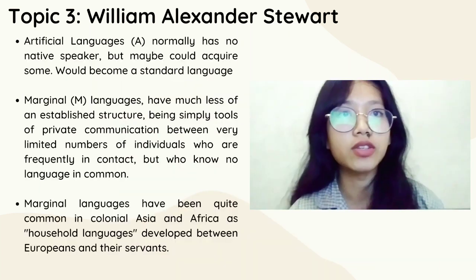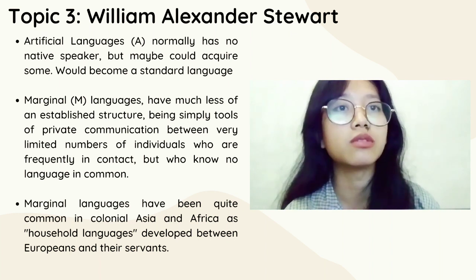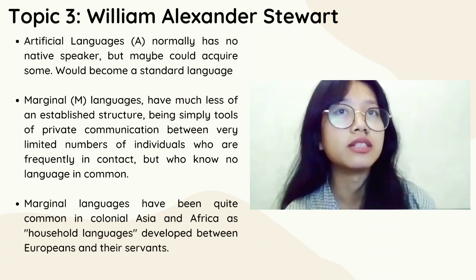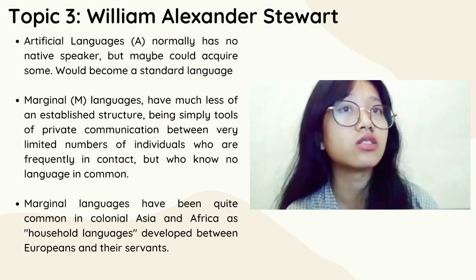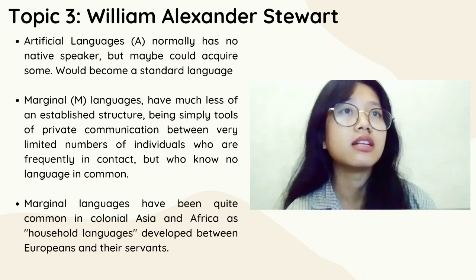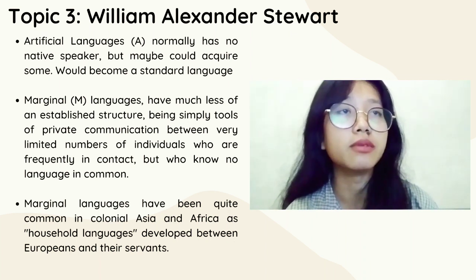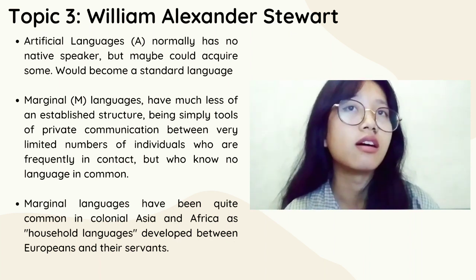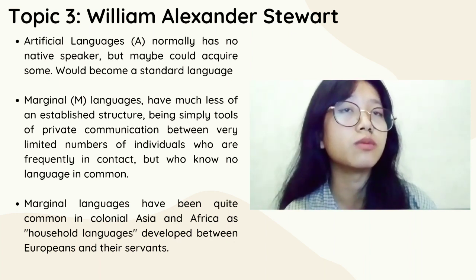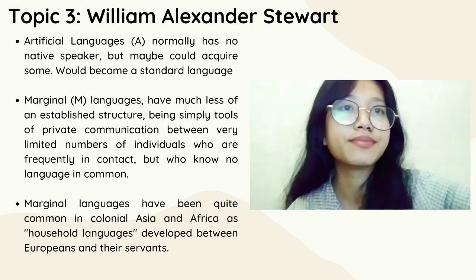Okay, the next language type is artificial, symbolized with A. Normally an artificial language has no native speakers, but it is not inconceivable that one could acquire some. In such a case, it would become a standard language.